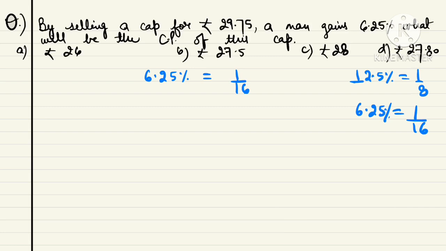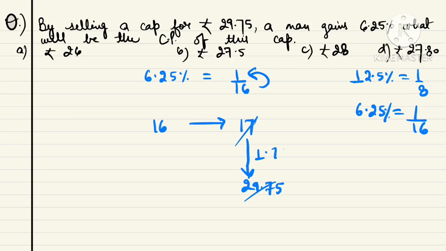So the man gains 6.25%, that is 16 to 17, right? And selling price is given, that is 29.75. Right. If you cancel it, you will get 1.75.